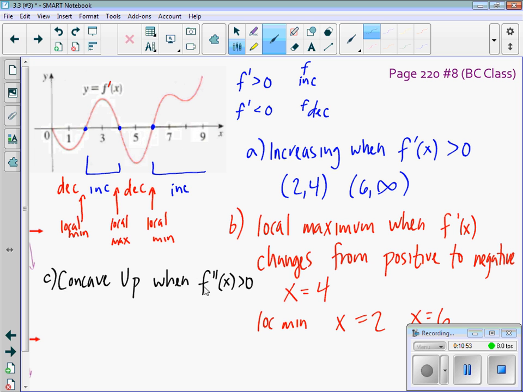Okay, so that's talking about when your f prime has positive slopes, right? So the slopes of f prime are greater than 0 because slopes is derivative. So the derivative of the derivative would give you the second derivative. So when are the slopes of my graph here greater than 0? 1 to 3 would be the first spot, right?